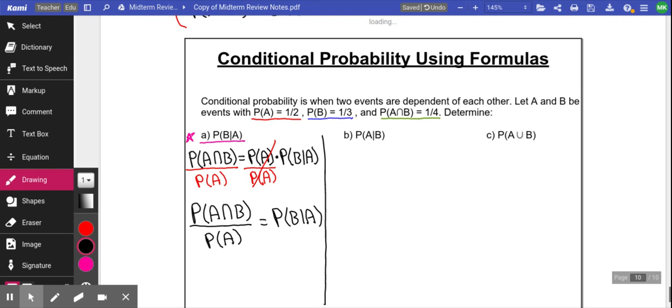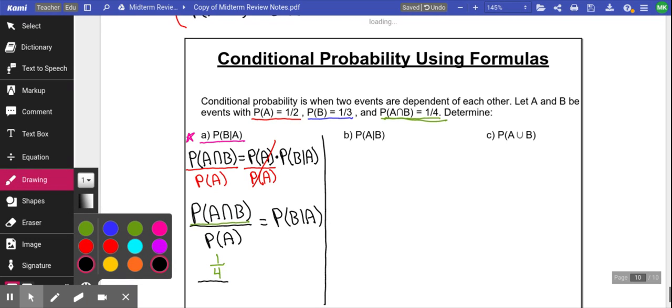The top of that fraction is probability of A and B, which is 1/4. Then we divide that 1/4 by the probability of A, which is 1/2. And when we calculate that, it should tell us the probability of B given A.